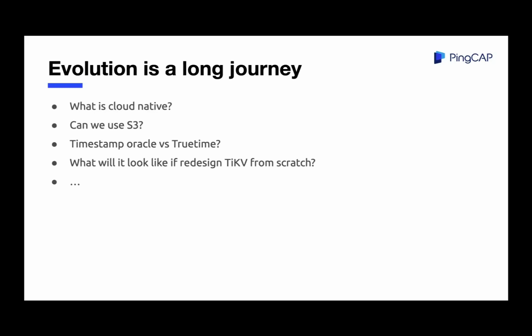Spanner doesn't have such a problem because it uses TrueTime. And in recent years, AWS also introduced a TrueTime-like service to their architecture. So will TrueTime be a must-have for future cloud service providers? If that's true, is it more beneficial to use TrueTime instead of a timestamp oracle? I don't have an answer for now.